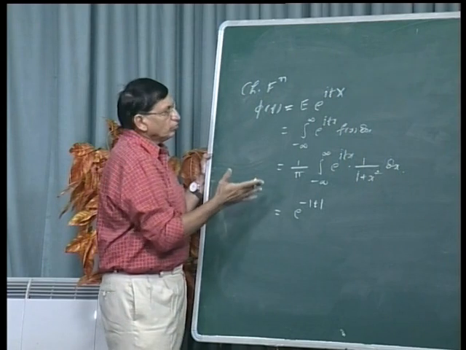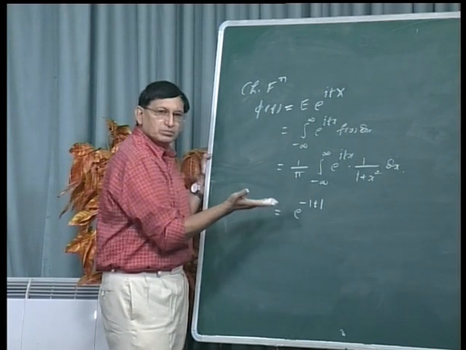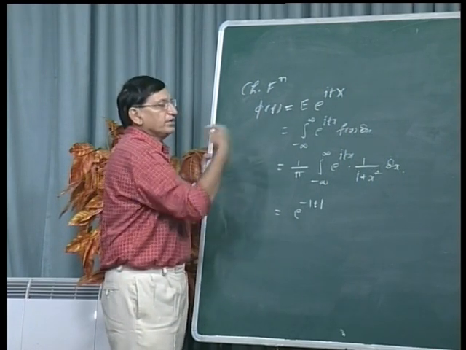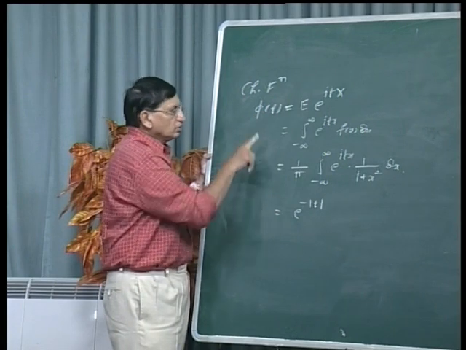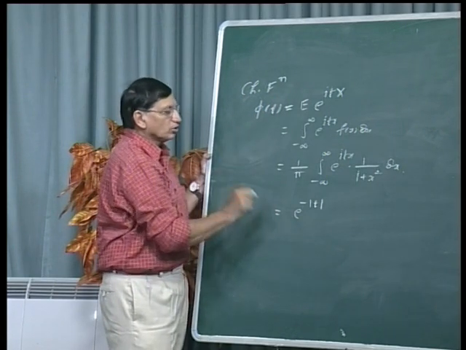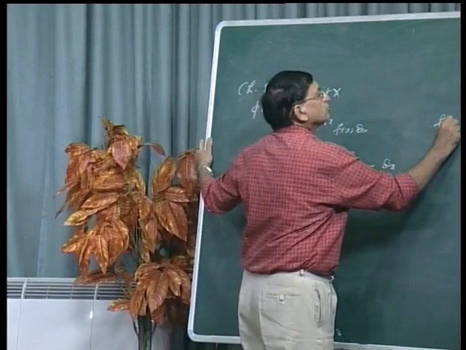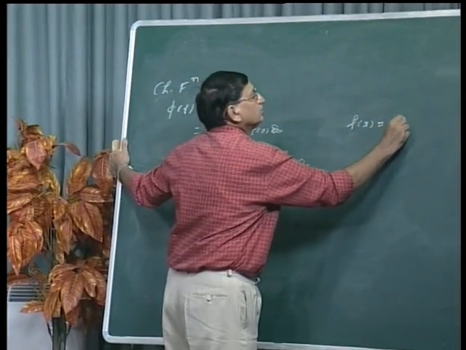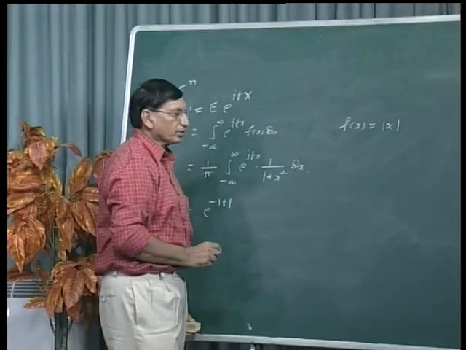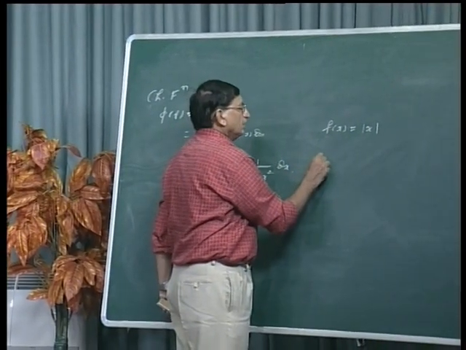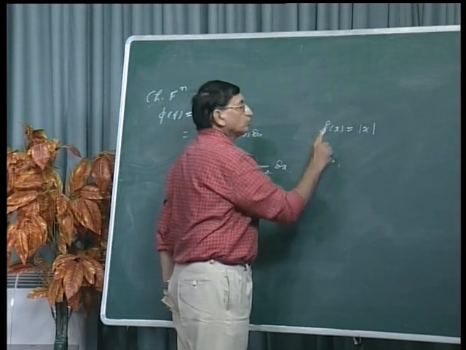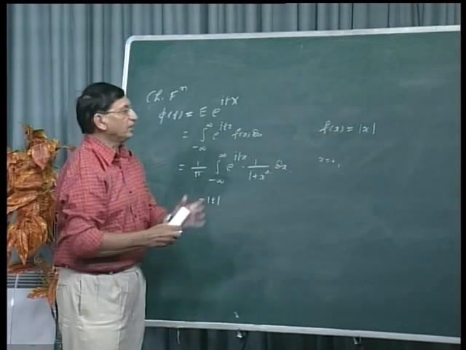Even otherwise also, if characteristic function is this, then by inversion theorem we can find PDF also. So here characteristic function of standard Cauchy is this. Now if you remember, in 12th standard we have studied this, that function f x is equal to mod x is continuous at x is equal to 0, but not differentiable at x is equal to 0.